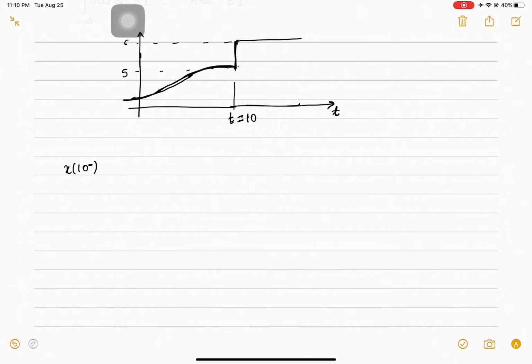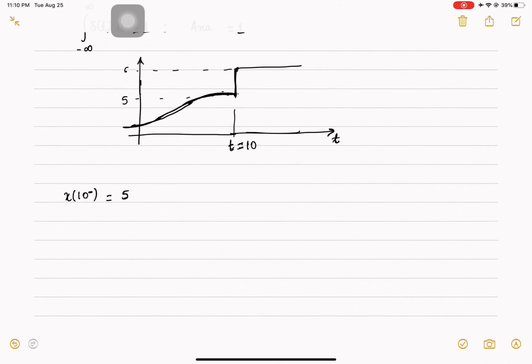When you approach this point, the value of the function that you are approaching is equal to 5. As you come from the left hand side, the function value is 5. So minus indicates you are approaching the point t equal to 10 from the left hand side.